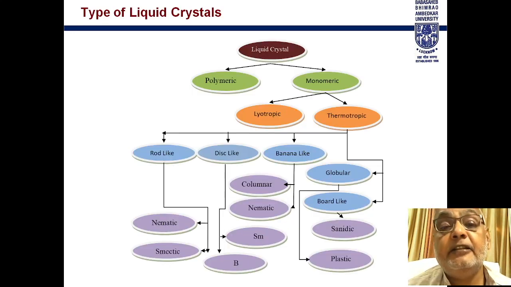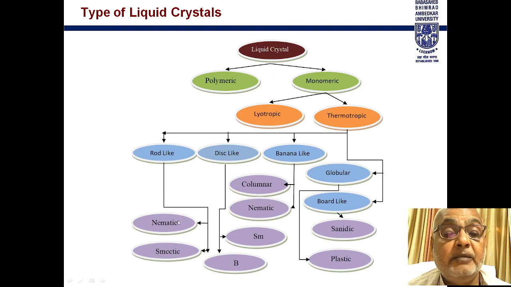Types of liquid crystal. Liquid crystals are subdivided into polymeric and monomeric forms. Further, the monomeric forms are divided into lyotropic and thermotropic. Thermotropic liquid crystal has several forms like rod-like, disc-like, banana-like, globular, and board-like. Rod-like is divided into nematic and smectic phases.